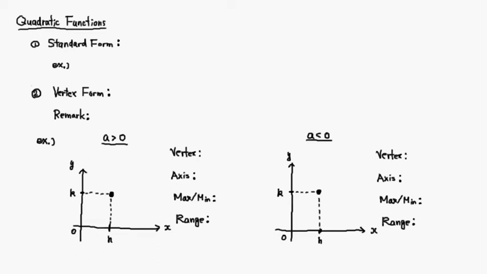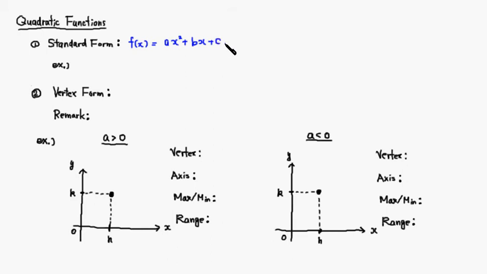Okay, let's look at the quadratic functions, right? So a quadratic function is any function of the form, say, f of x is equal to ax squared, a just a constant, plus bx, b is a constant, plus c, right?